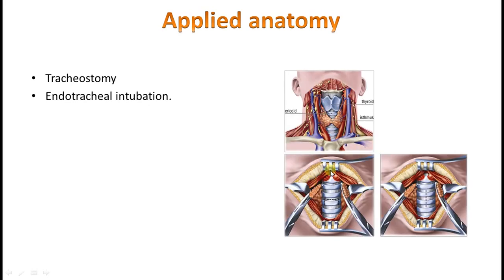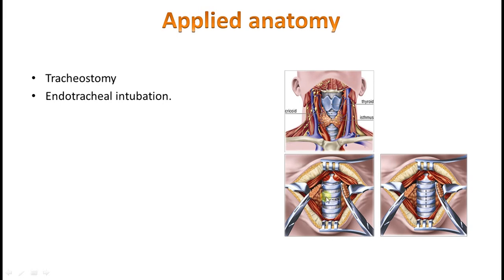So tracheostomy is actually an emergency procedure where the person cannot breathe on his own, or if there is an obstruction, okay, especially if the larynx is obstructed, if there is a laryngeal edema, and naturally what happens is you have to do a tracheostomy.